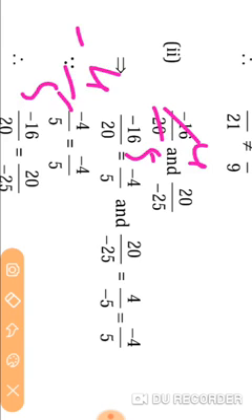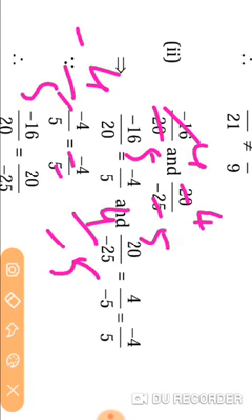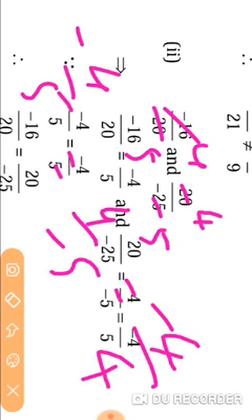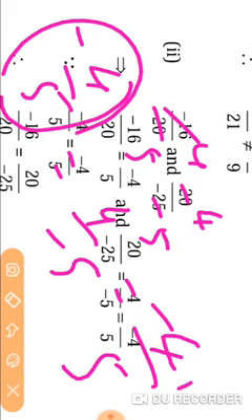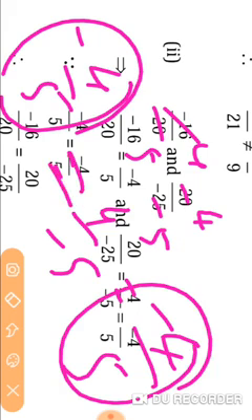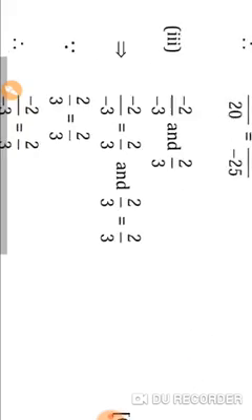Then 20 divided by 4 is 5, this is 4 by minus 5 comes. See, we should not keep the minus in the denominator. Instead of keeping the minus in the denominator, we can keep it in the numerator. Now minus 4 by 5 and minus 4 by 5 are equal. Okay, this is how we can do it.